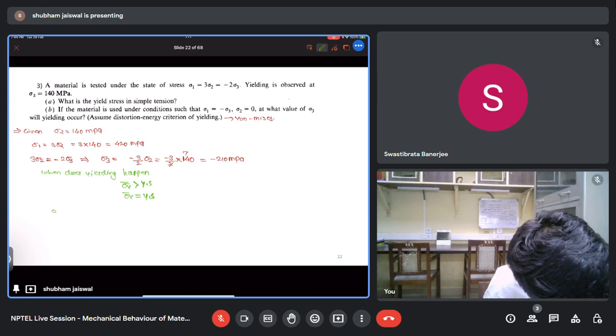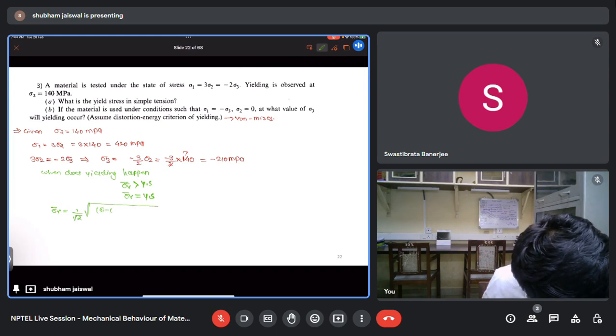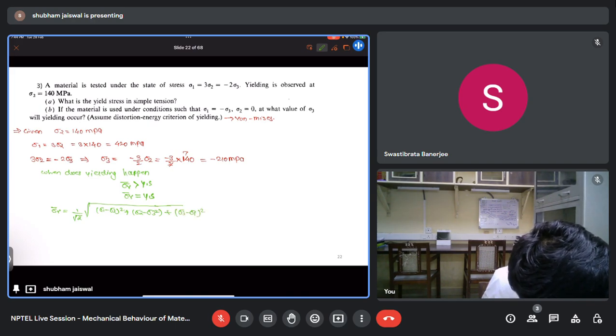So I have the equation sigma bar is equal to 1 by root 2 under root of sigma 1 minus sigma 2 whole square plus sigma 2 minus sigma 3 whole square plus sigma 3 minus sigma 1 whole square.